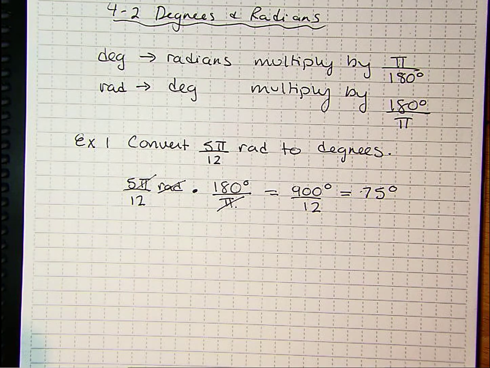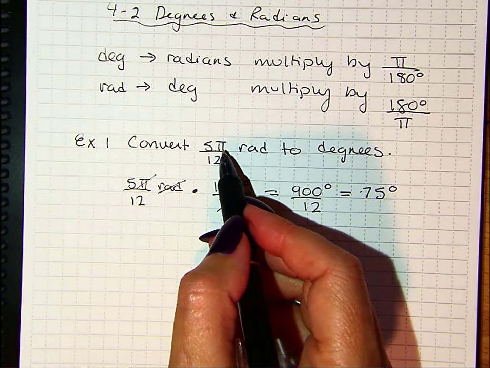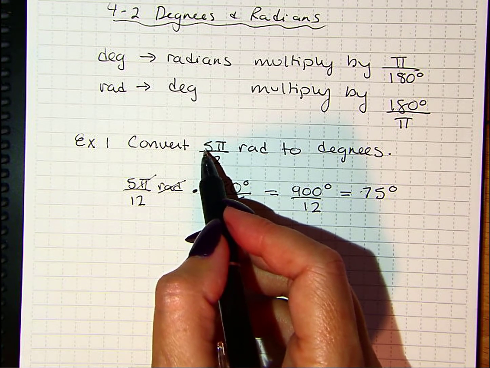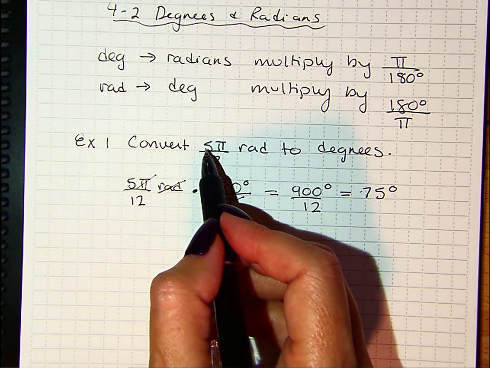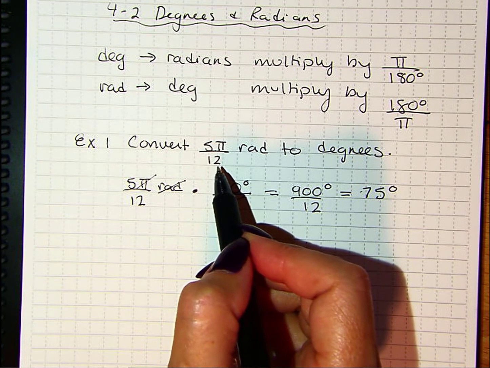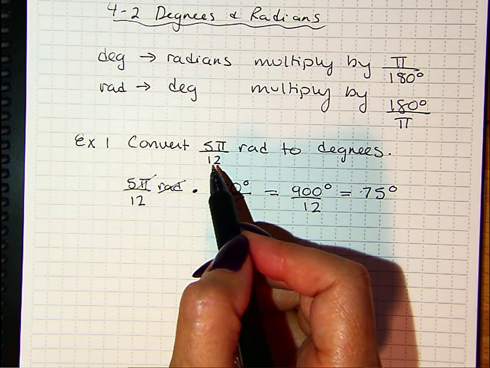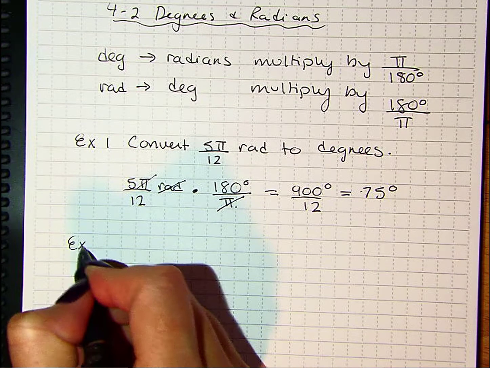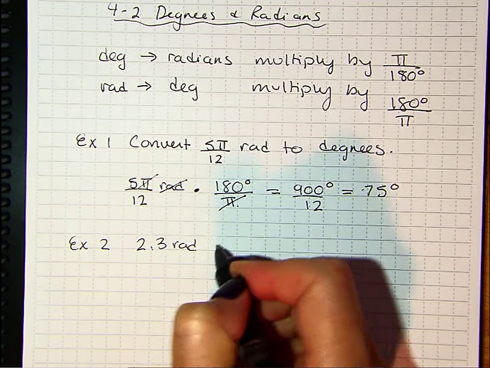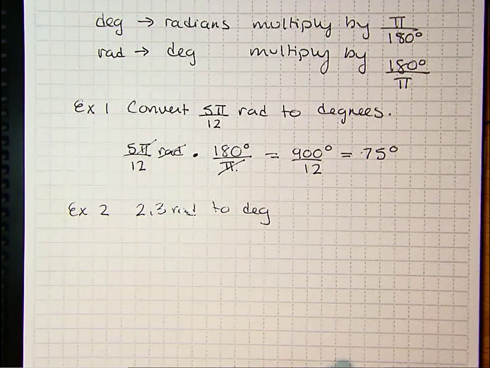Now radians don't always have to have a pi in them. Remember, pi is 3.14. So you can also have radians as a decimal. If you were to take 5, multiply it by pi, and divide it by 12, then you could still have a measurement in radians and it would appear like a decimal. So for example, I could give you 2.3 radians and I want you to change it to degrees.